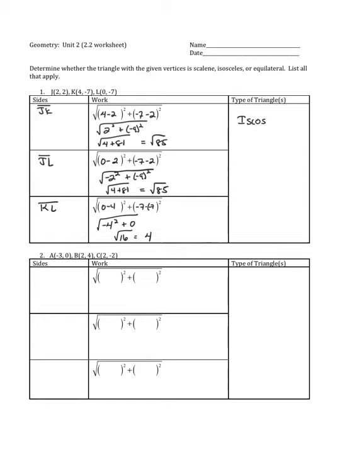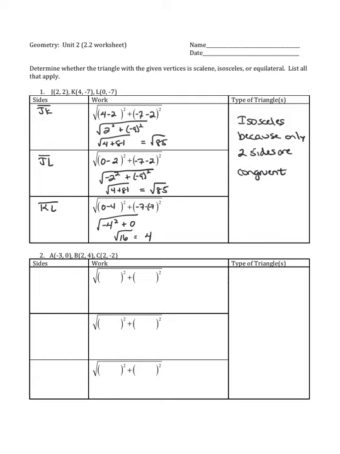It's a tough one to spell. Only two sides are congruent. So that's what you're going to be doing for each triangle. Each triangle is different. This is just good practice, all right?